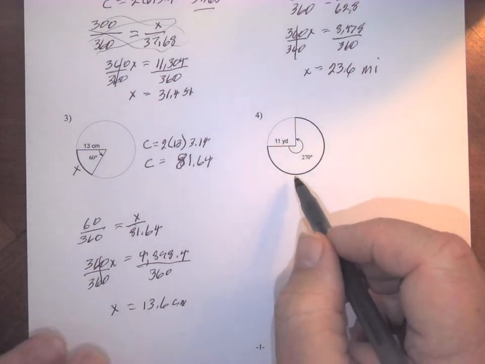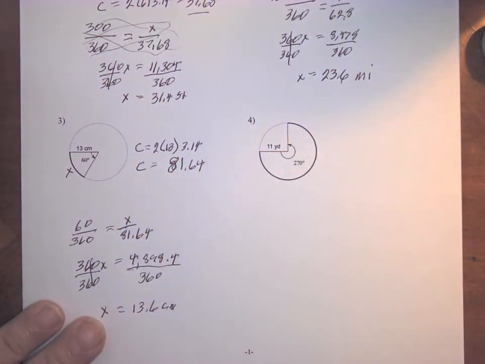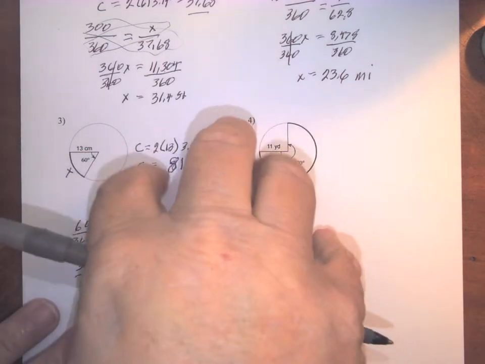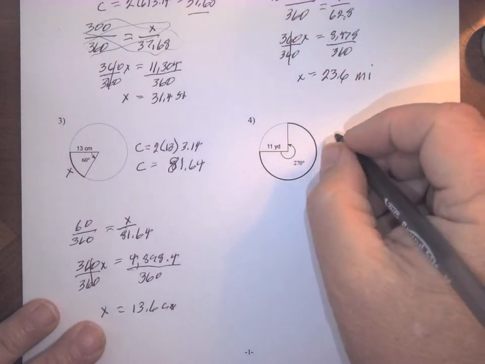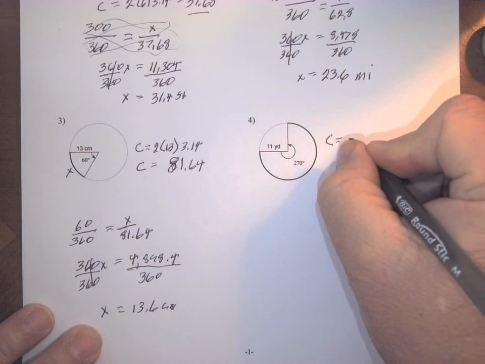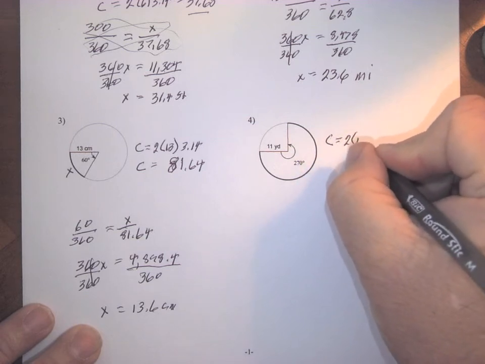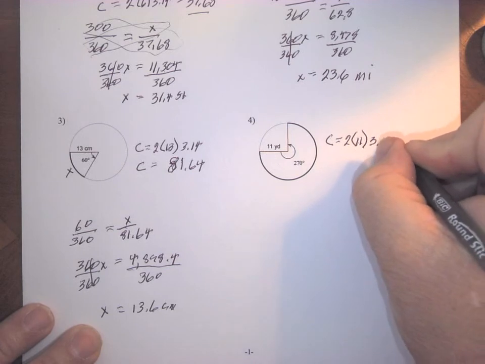So let's just finish up with number 4, because I'm going to be asking you guys to do 5 through 8, which are on the next page. But I'm going to include this page in the assignment so that you've got something to go by. So in this case, we know the circumference is equal to 2 times 11 times 3.14.